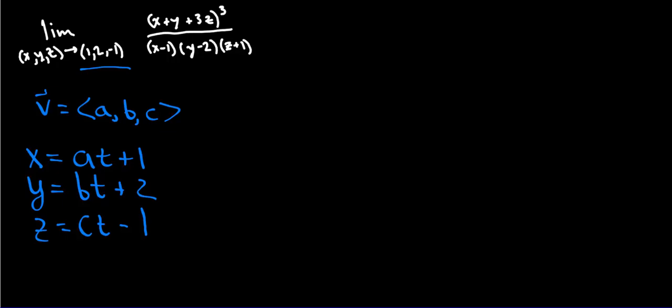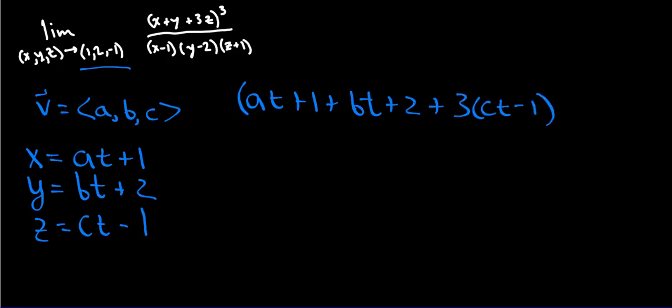So if I'm along the path of this line, what do I get? Well, let's see here. Up top I'm going to have AT plus 1 plus BT plus 2 plus 3 times CT minus 1, and all that cubed.